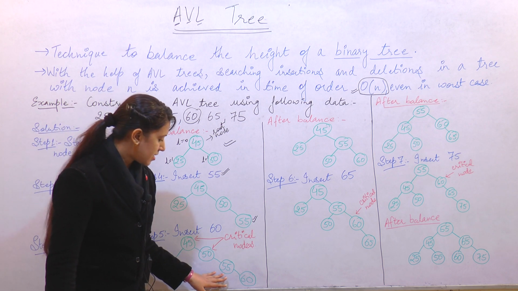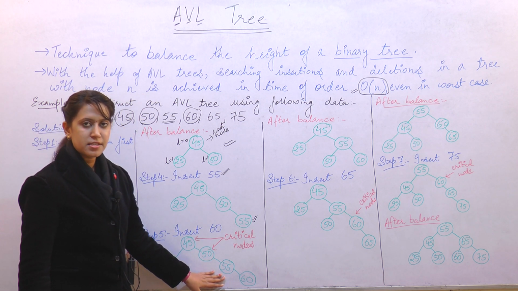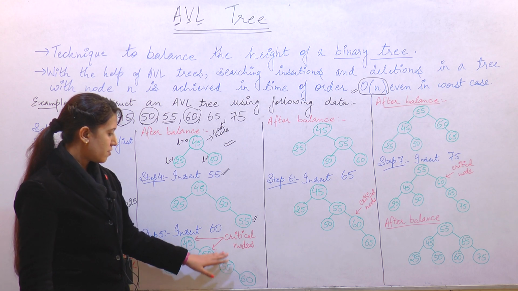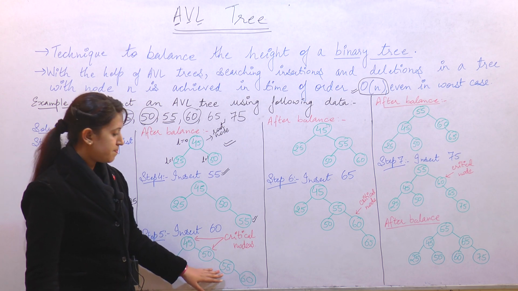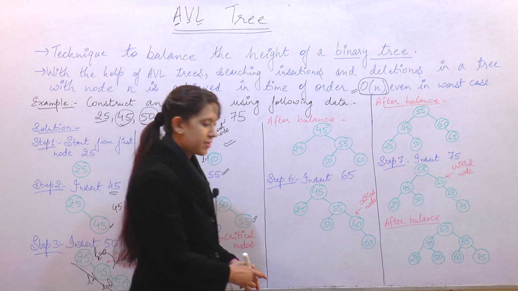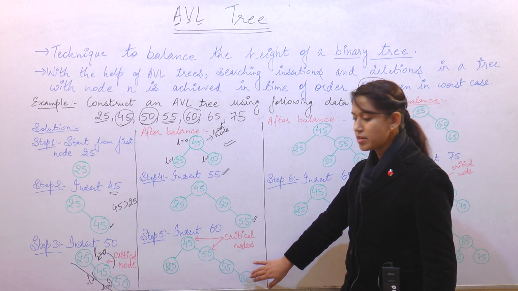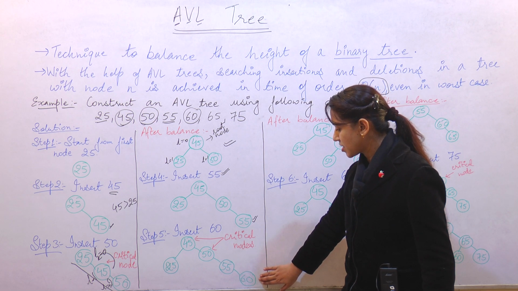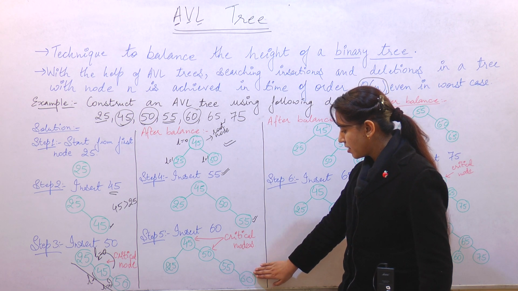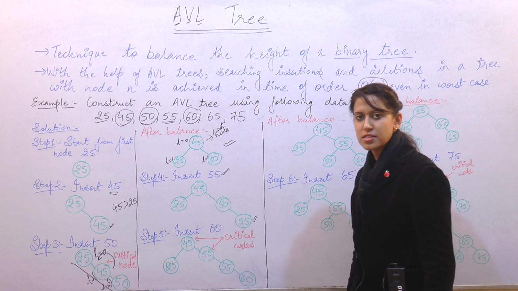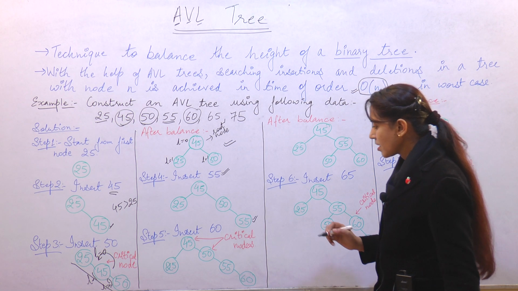Further on the right side of the node 50, there already exists another node, 55. So we will compare 60 with 55. So 60 is greater than 55, so we will insert 60 on the right side of the node 55. That's why we have inserted 60 on the right side of node 55, because 60 is greater than 55.